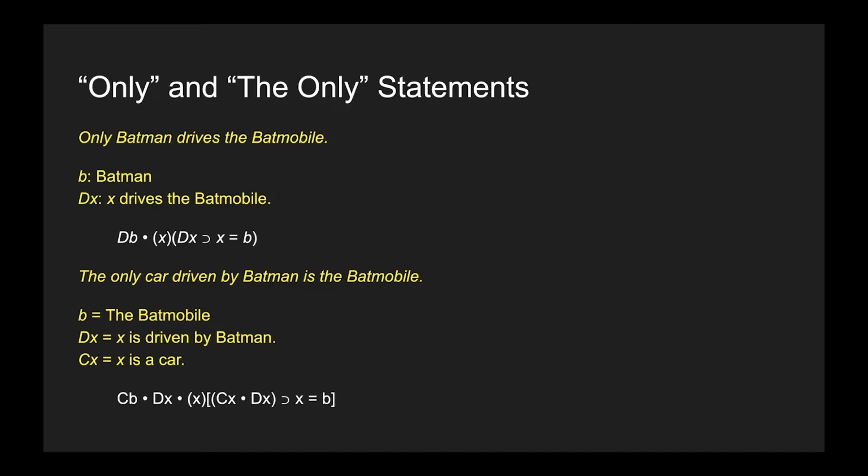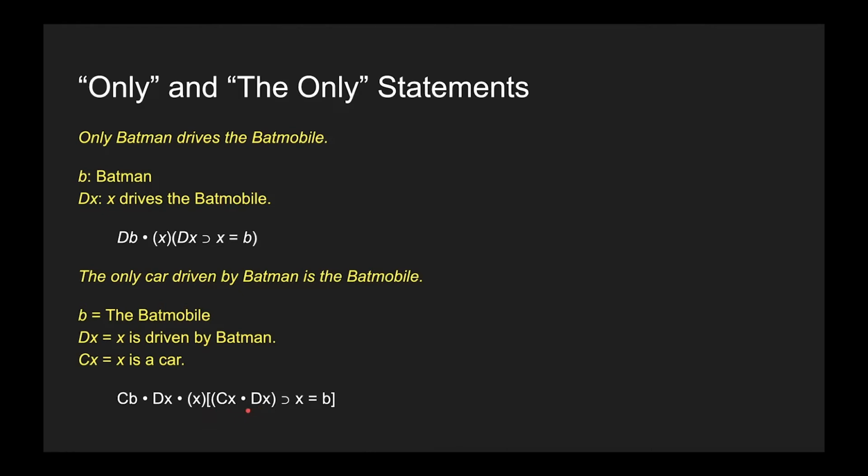So in order to convey all of the information in the given statement, the only car driven by Batman is the Batmobile, we need to say a few things. We need to say, first of all, the Batmobile is a car. Next, we need to say it's driven by Batman. And then we need to say it's the only car driven by Batman. So we basically say this: for all x, if x is a car and driven by Batman, that's what's happening in the antecedent of this conditional governed by the universal quantifier.